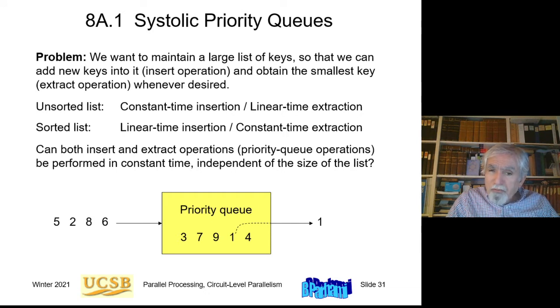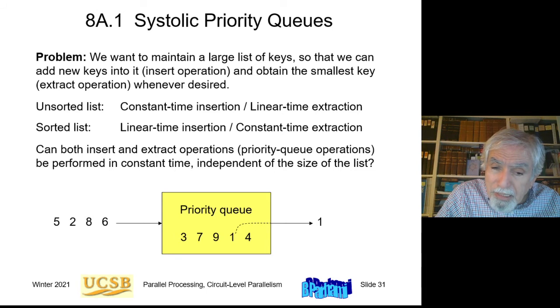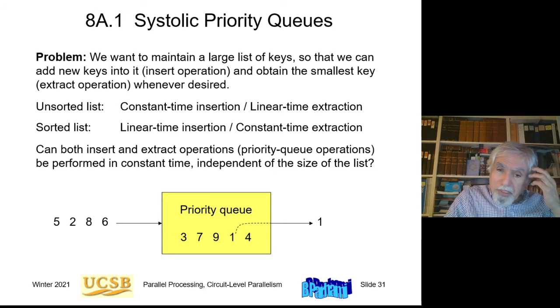One function of the priority queue is to accommodate these keys as they come in. Another function is to provide us with the smallest key that has already arrived into the priority queue.